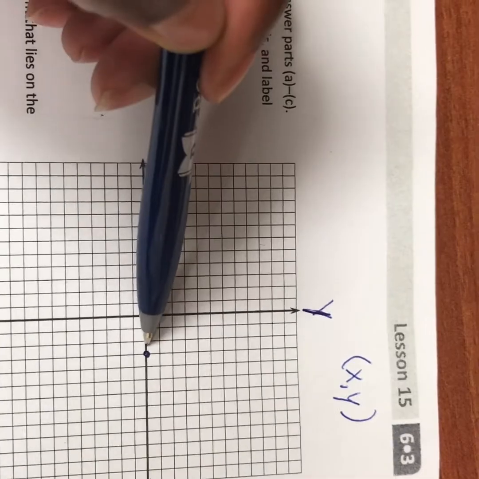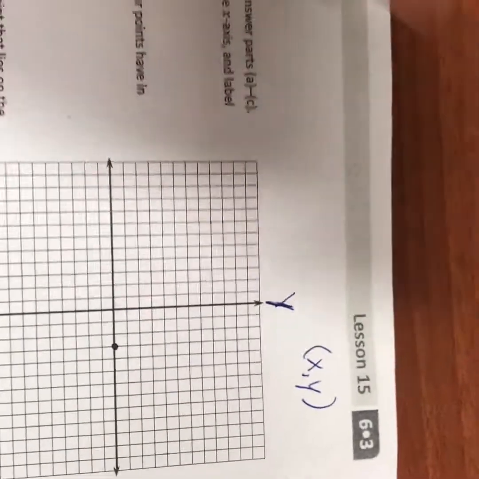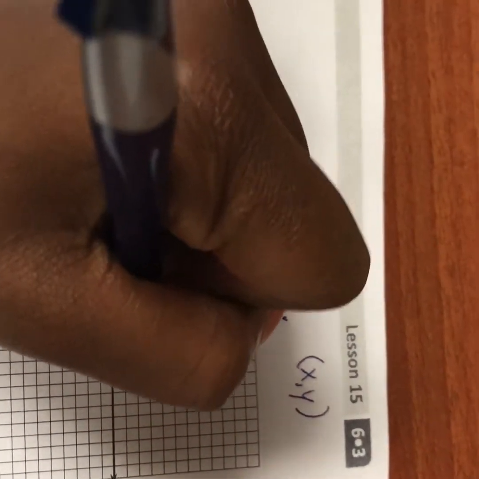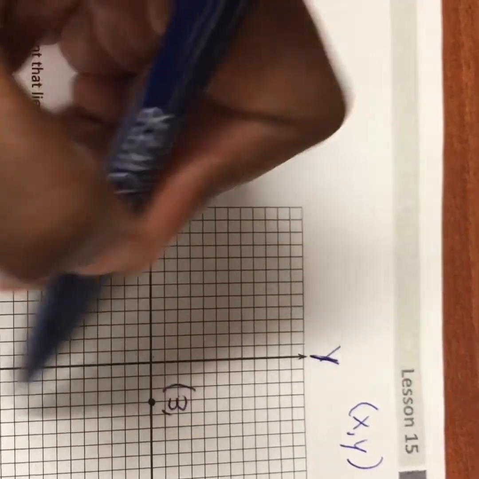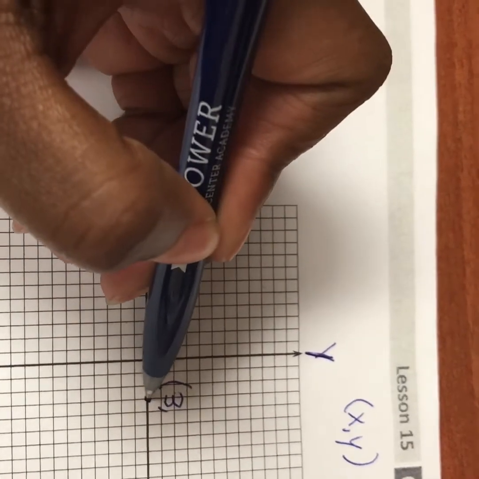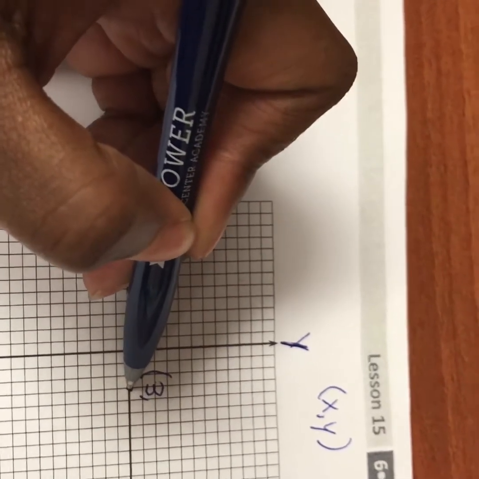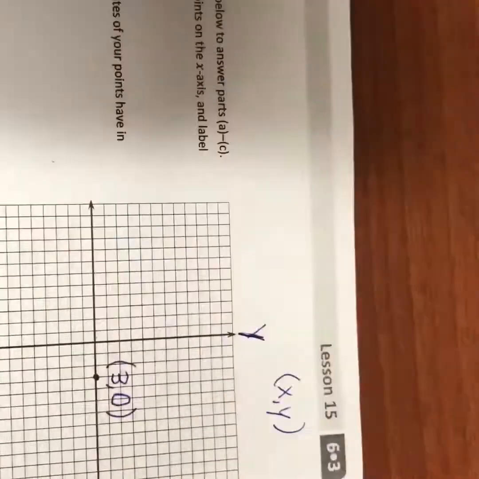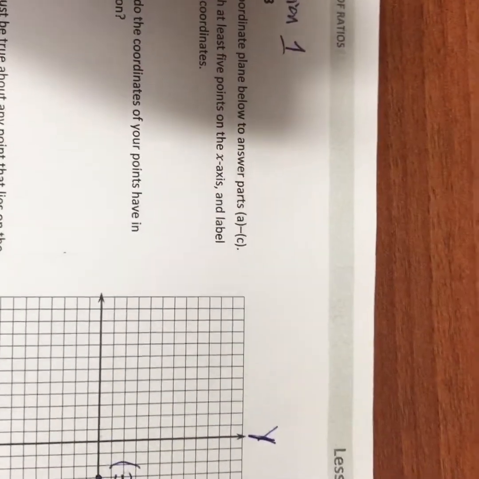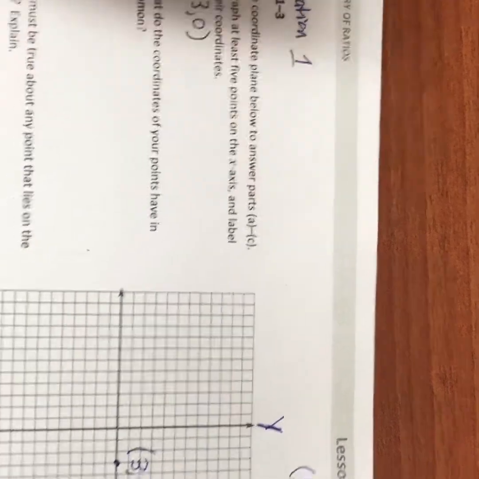So 1, 2, 3. So my x coordinate is going to be 3. And because I didn't move up or down on the y-axis, there's no movement, so it's going to be 0. So my first coordinate is 3, 0.